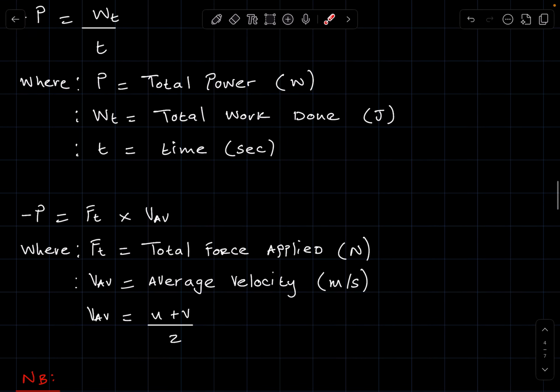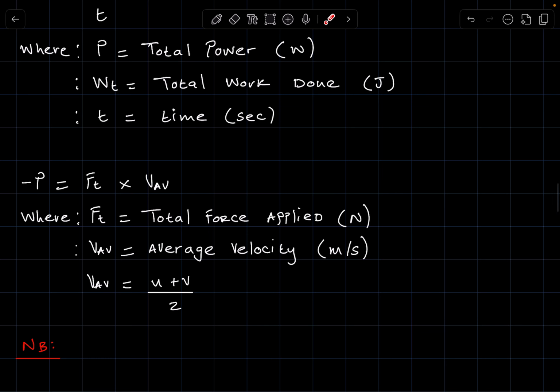Now this here is another formula we can use to calculate power, where P still stands for total power and is equal to F times V. The F is the total force applied, and the V stands for average velocity. Total force applied will be in newtons, and V_av is the average velocity in meters per second.